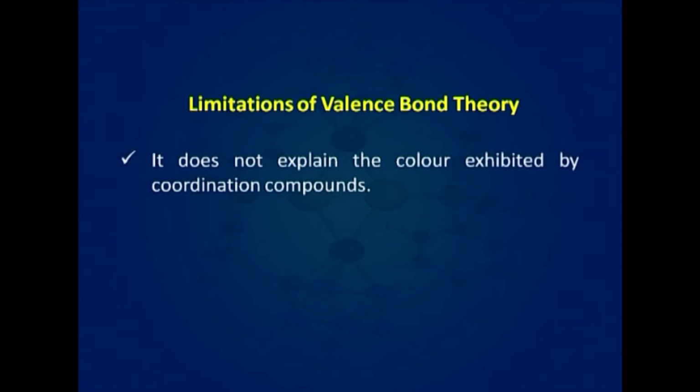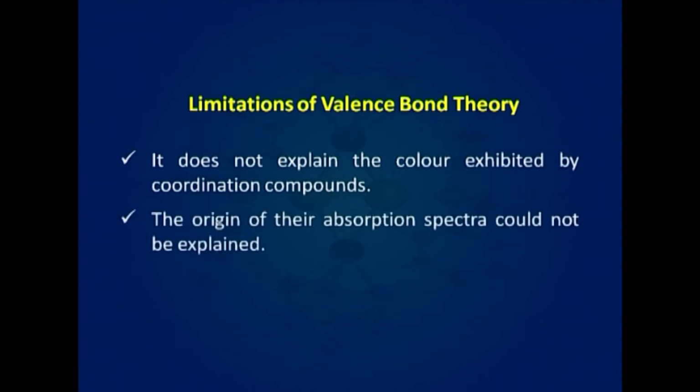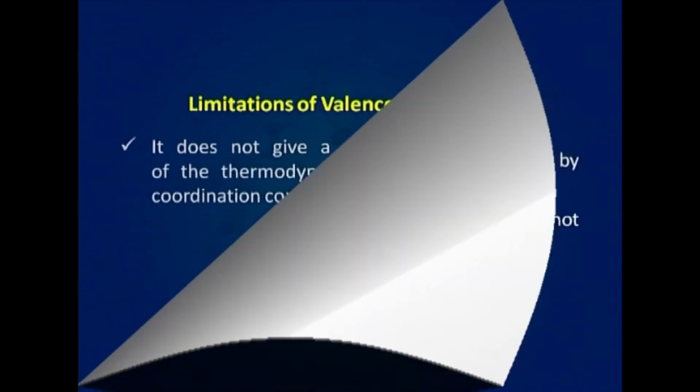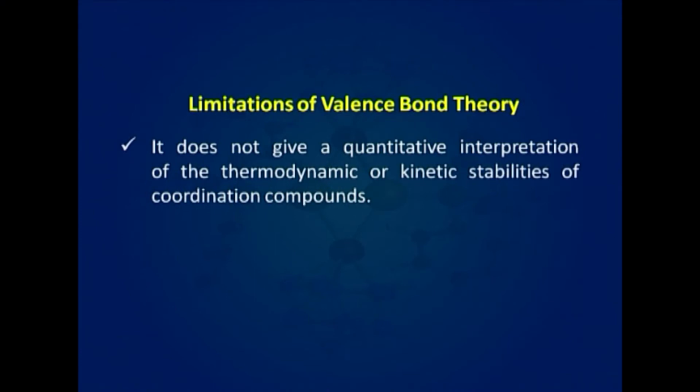It does not explain the color exhibited by coordination compounds, and the origin of their absorption spectra could not be explained by valence bond theory. Valence bond theory does not give a quantitative interpretation of the thermodynamic or kinetic stabilities of coordination compounds.